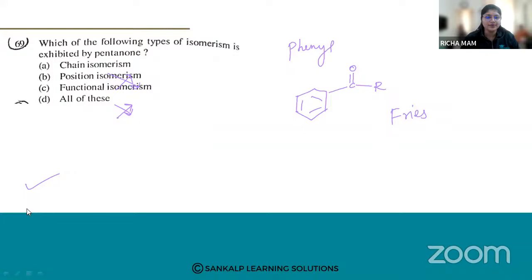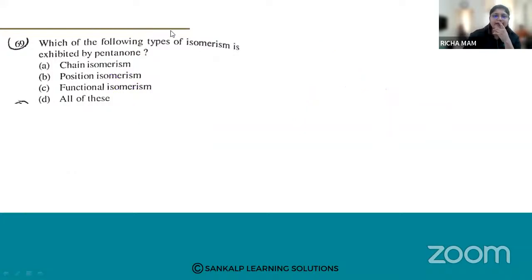Okay, so last question. Which of the following types of isomerism is exhibited by pentanone? So let me write the structure: CH3, 5 carbons, CH2, CH2, C double bond O, and CH3. What type of isomerism is exhibited?